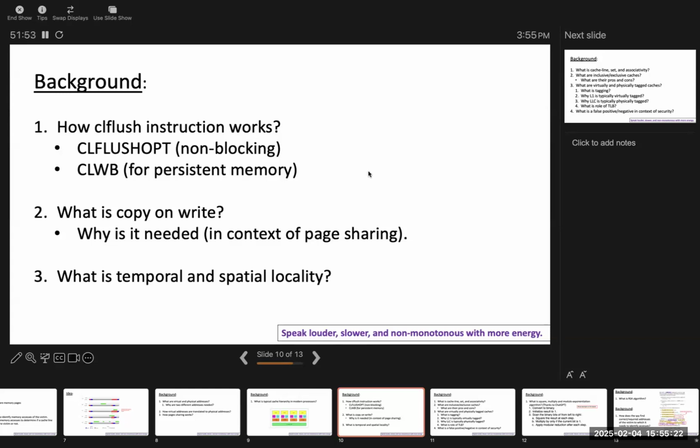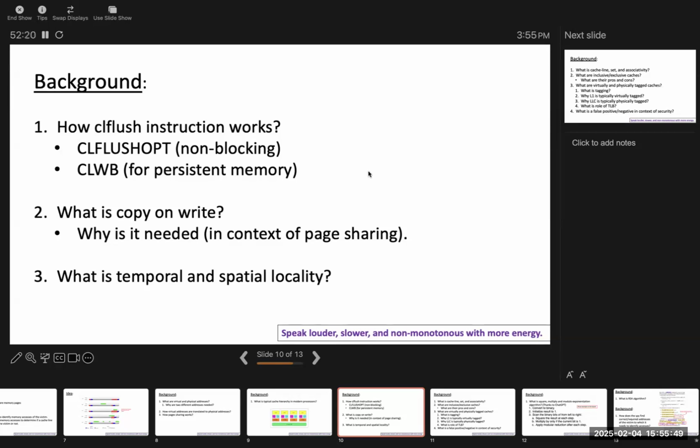Frequently, a process is accessing the data from here, so I'm frequently reading and writing it. Maybe I have the latest copy here, but the copy in the memory is stale, and I need to update it. So I will say CLWB, cache line write back, but don't flush it. That's why it doesn't have flush in its name.